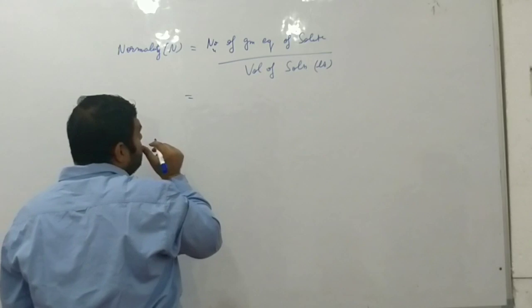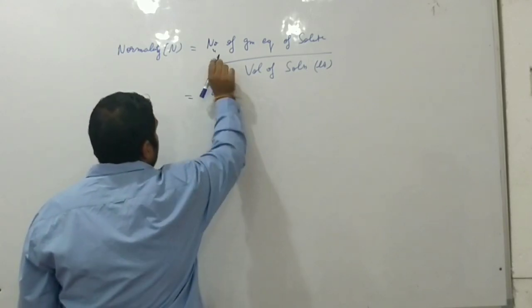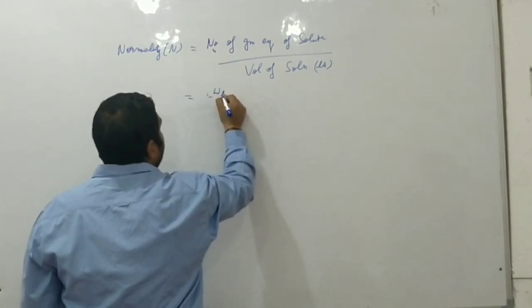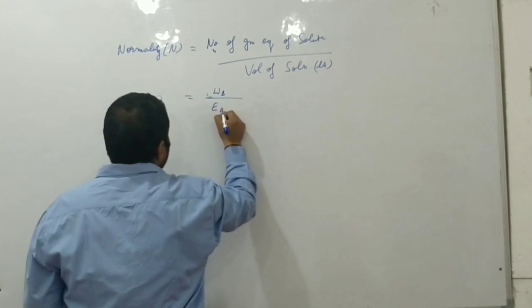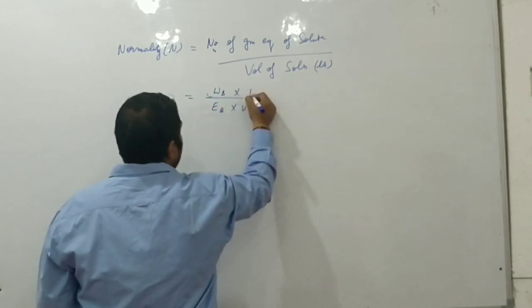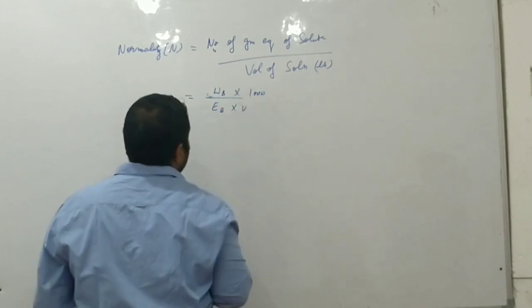So gram equivalent of solute is weight of solute over equivalent weight of solute into volume into 1000.